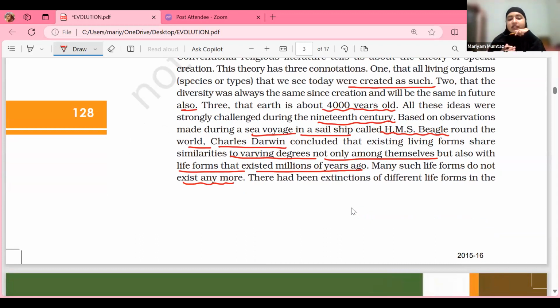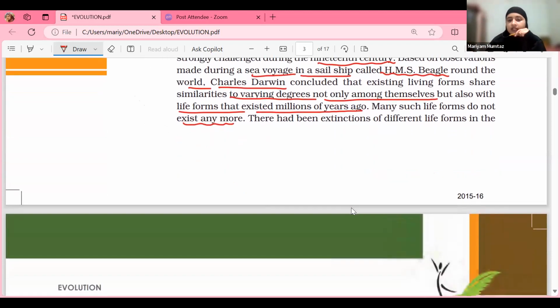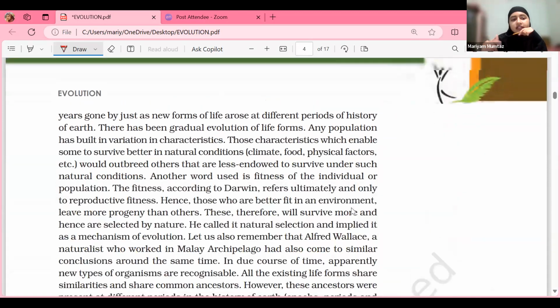So some of the life forms do not exist, and some that do resemble the pre-existing ones. Now there had been extinctions of different life forms in the years gone by, just as new forms of life arose at different periods of history of the earth. There has been gradual evolution of life forms.